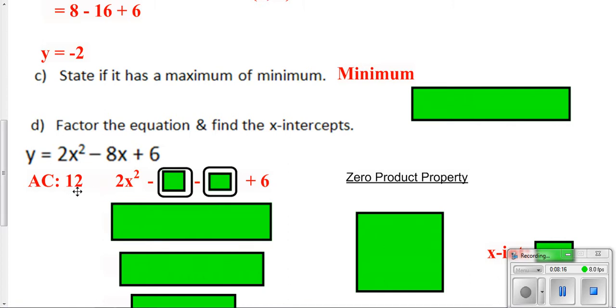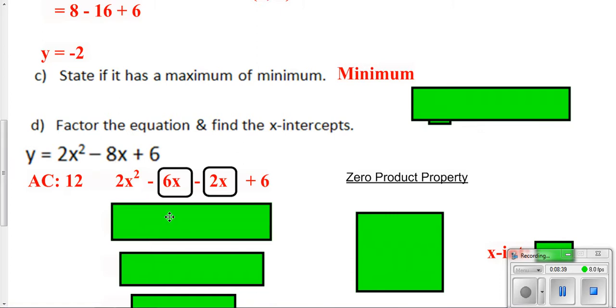So what times what, when I add that together, I would get a -8, that when multiplied together, they give me 12. And again, that would be 6 and 2. So I'd say 6x in one box and 2x in one box, and it really wouldn't matter which way I put it because they both are negative. So -6, -2, giving me that -8.